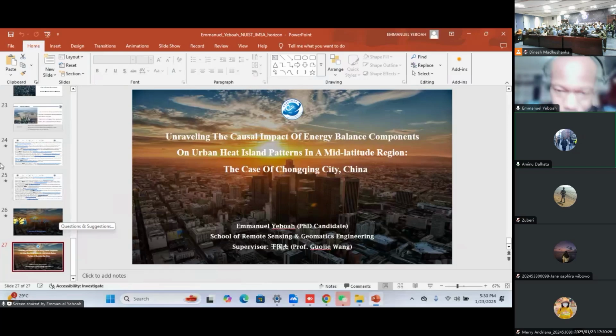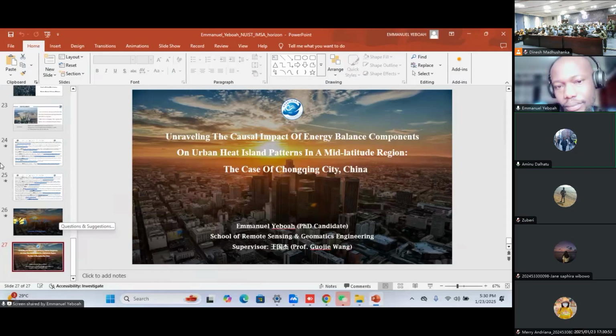You said that the energy balance components can affect urban heat island, while the UHI has no impact on those energy balance components. Have you done further analysis in this regard?